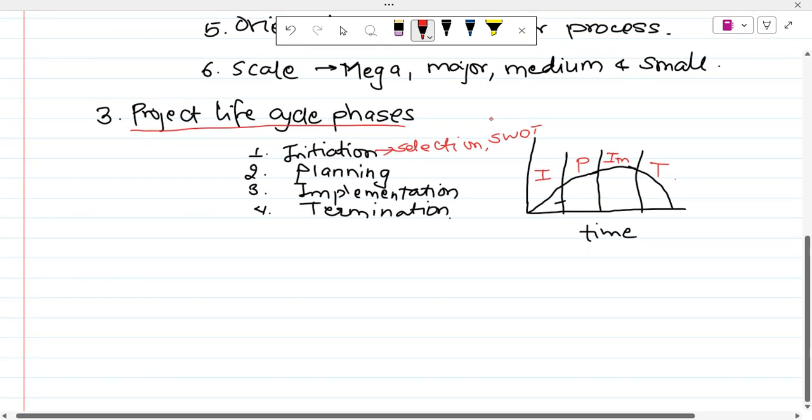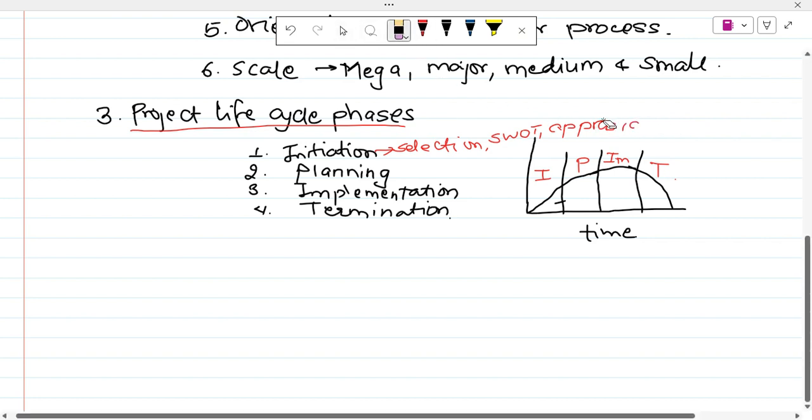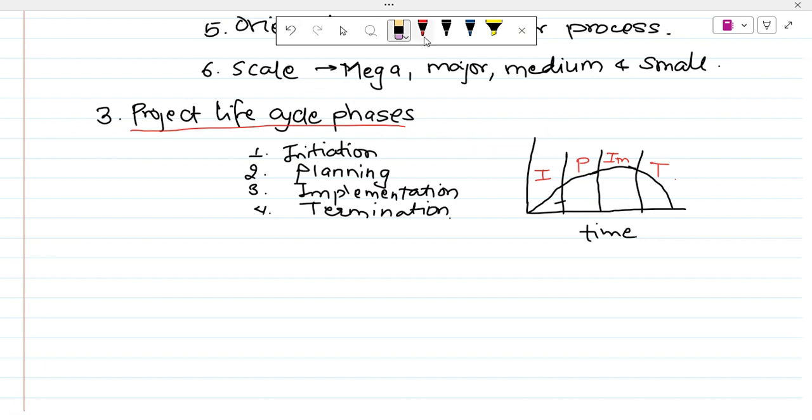What are the actual events that are performed in each phase? The first phase is initiation.